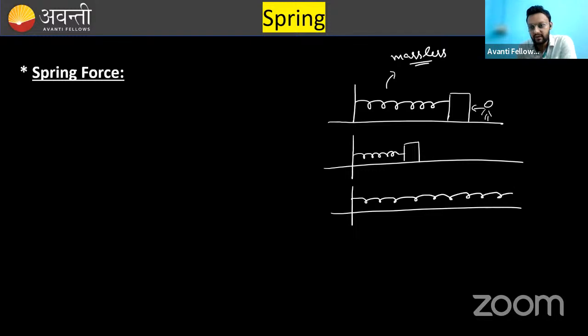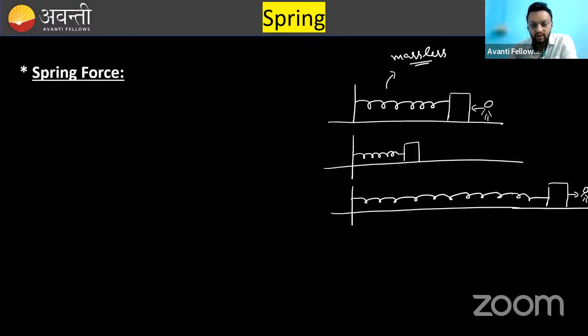If someone is pulling it like this one, then gradually when he increases the length of the spring, he finds that the restoring force the spring exerts is increasing. The opposition offered by the spring to the change in its position is known as restoring force or spring force.